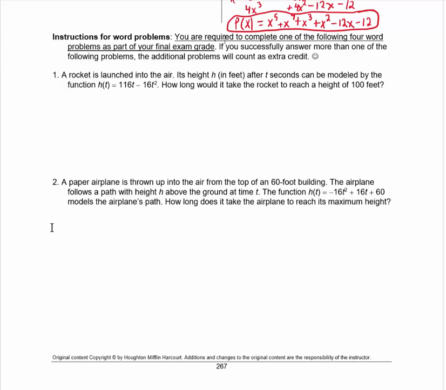So think about which letter, H or T, is the height, and so that would be H. So where H of T is, we're going to put 100, and that equals 116t minus 16t squared. And so to solve this, I want to probably get everything on one side and either try to factor or use the quadratic formula.